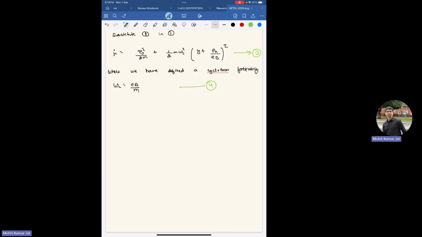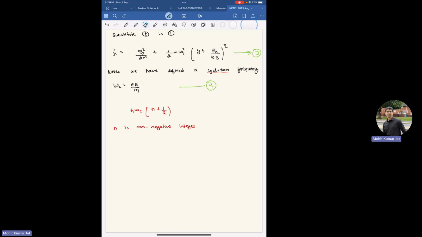Instead of y squared, it is y plus px by eB, so y is shifted by px by eB. Thus, the energy levels of the system are those of the harmonic oscillator, h bar omega c (n plus half), where n is the quantum number and n is a non-negative integer.